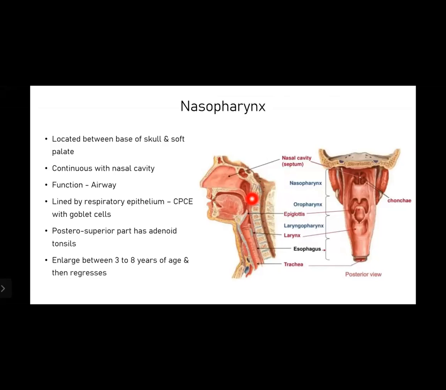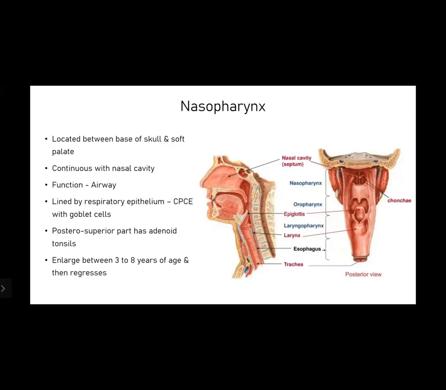Are you all able to see the pointer there? So this area is called the nasopharynx, and it is continuous with the nasal cavity. The nasal cavity, from the external nostrils or nares, is where you have the intake of air, and the pharynx provides the passageway for the air into the larynx and through the larynx into our lungs.